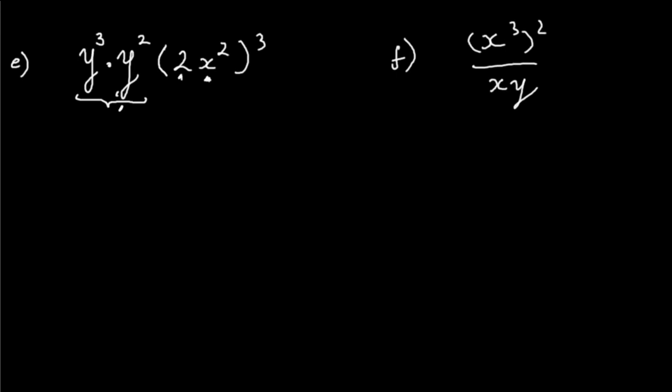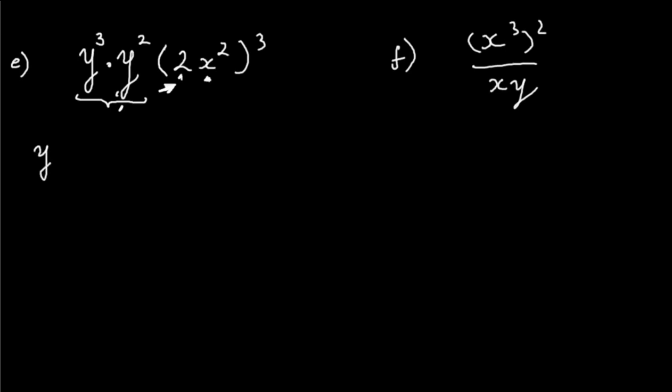So what do we have here? We have y cubed multiplied by y squared and then times that by 2x squared in brackets to the power of 3. So naturally I would want to start off with the brackets first, but I don't think it's going to do much if we just begin with the y expression. So let's just begin with this.